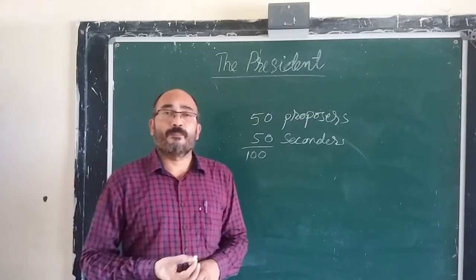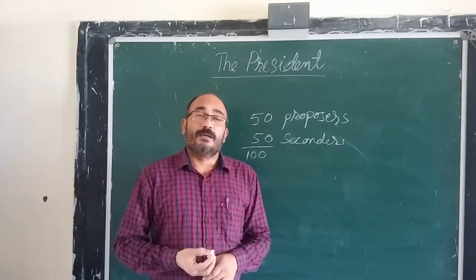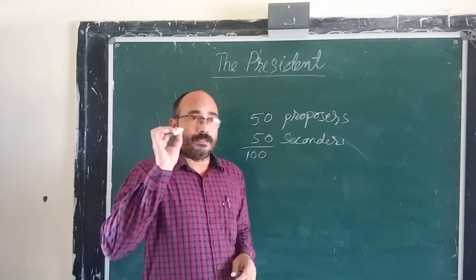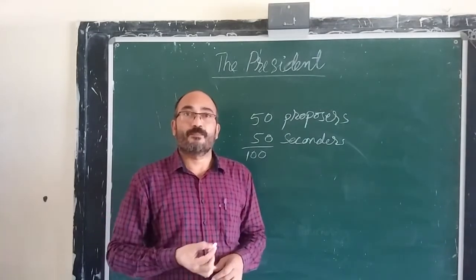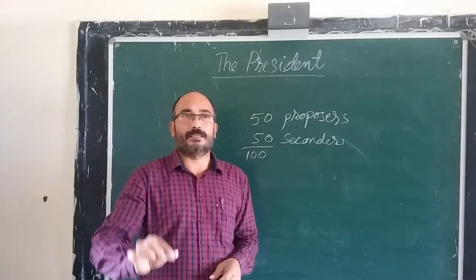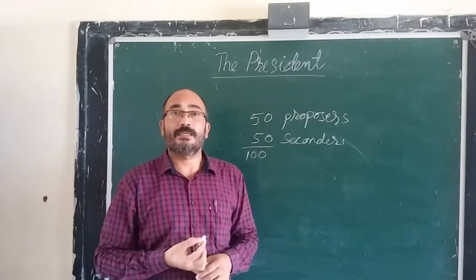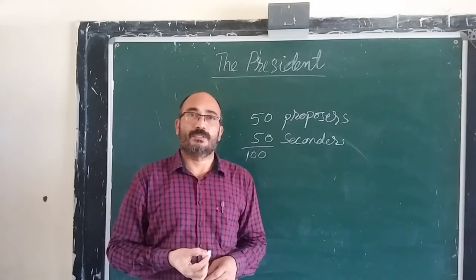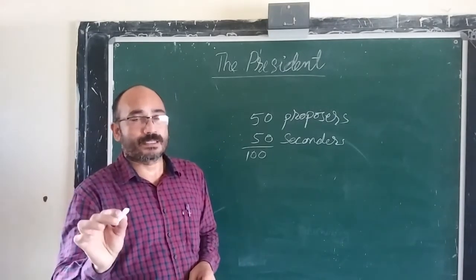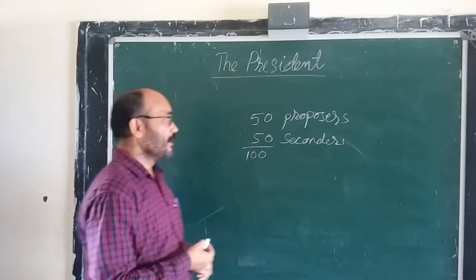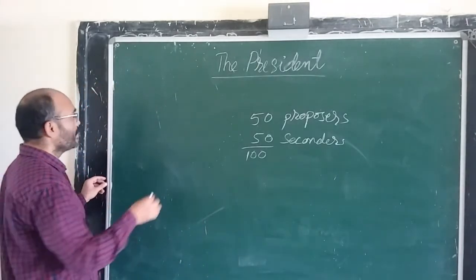Each voter can cast as many votes as the number of candidates. If 3 candidates are there, each voter can cast 3 votes. If 4 candidates are there, each voter can cast 4 votes. Okay. So the ballot paper is made in such a way.